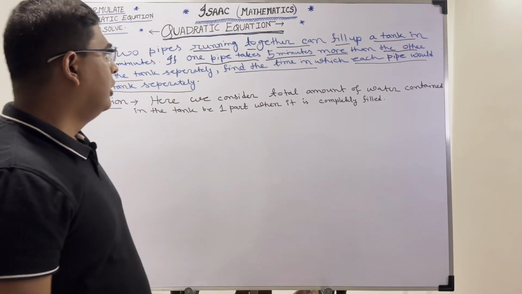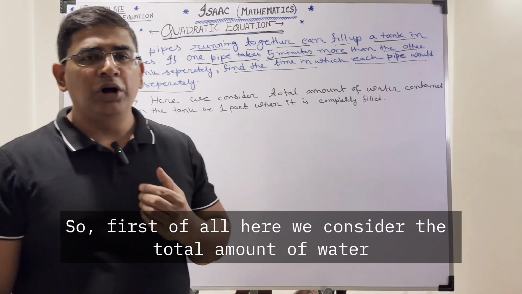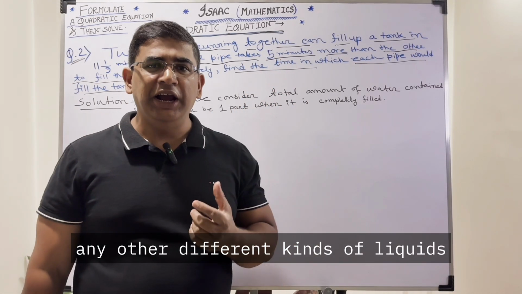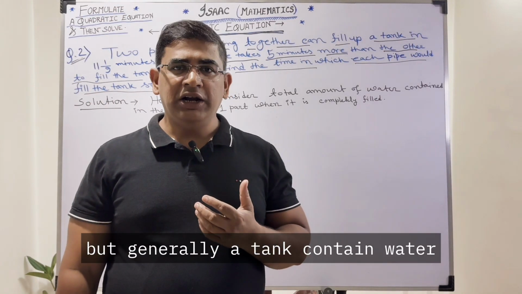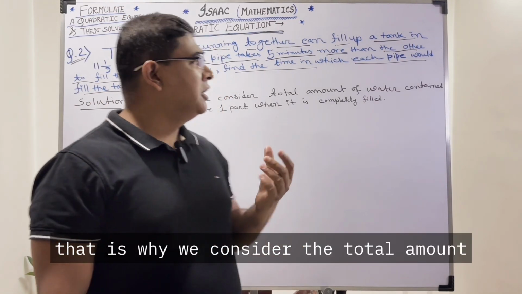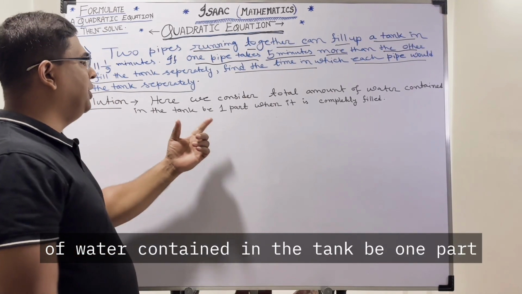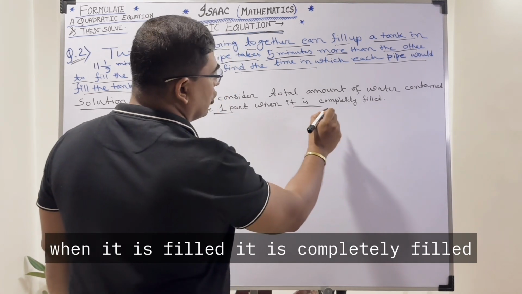There may be other kinds of liquids, but generally our tank contains water. That is why we consider the total amount of water contained in the tank be one part when it is completely filled.